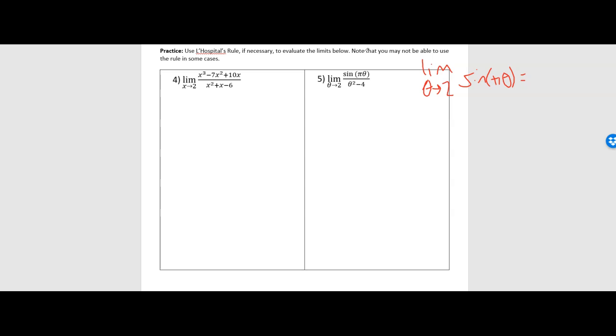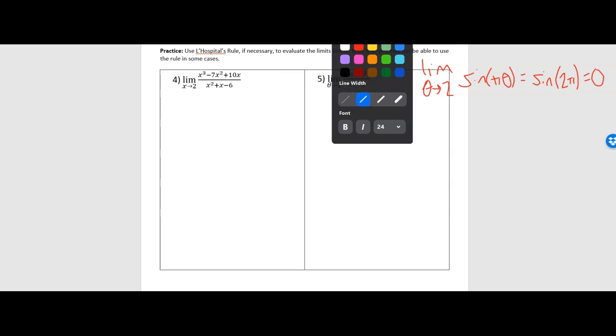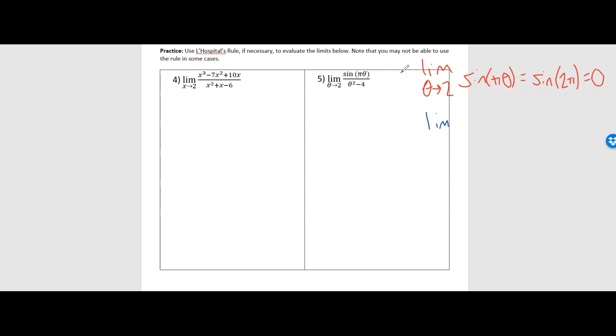Well, that's going to give me sine of 2 pi, which is equal to 0. Let's check the limit of my denominator. Limit as theta approaches 2 of theta squared minus 4. That's going to give me 4 minus 4, which is equal to 0. So I do get an indeterminate form.